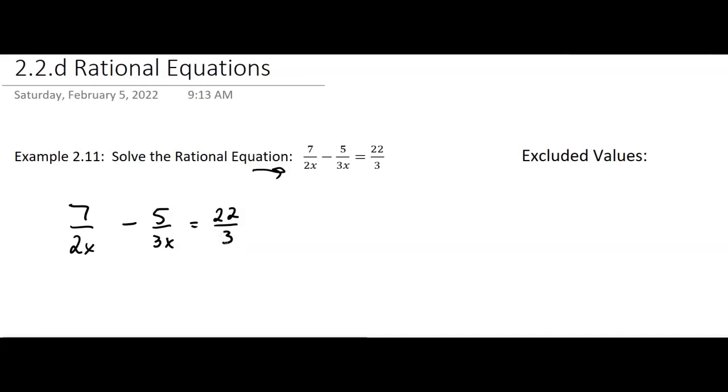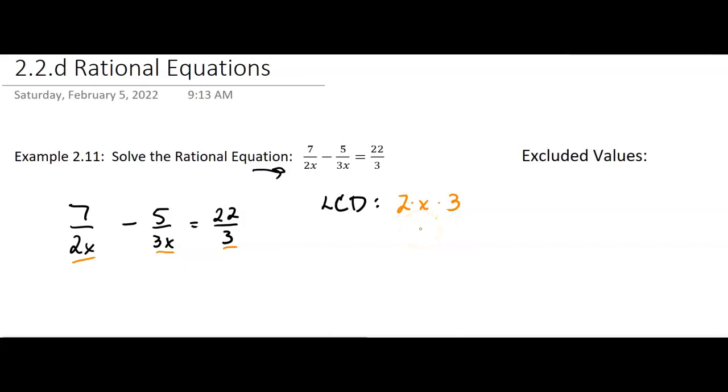Well, remember, we're trying to solve for x. Now, the way that we're going to solve this is we're going to use the LCD, the least common denominator. And we're going to look at that for 2x, 3x, and 3. So you look at all the denominators and you say, well, what do I need? I need a factor of 2, I need a factor of x, and I need a factor of 3.